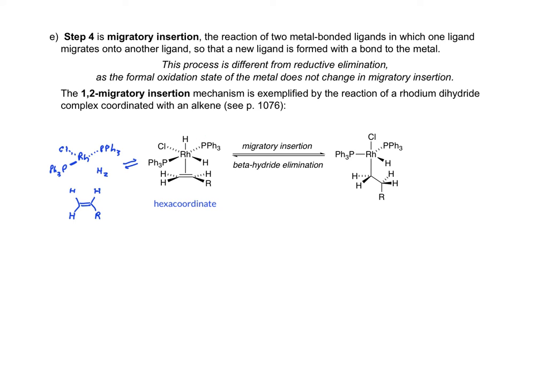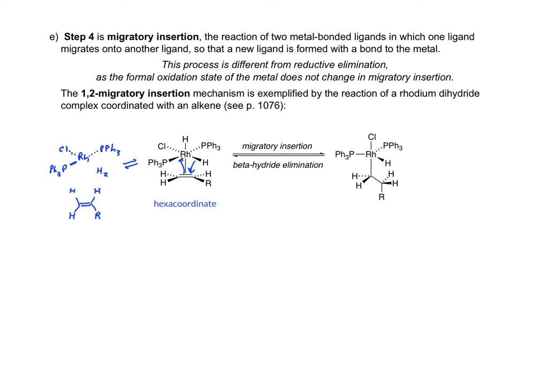In the migratory insertion reaction, one of the ligands that is negatively charged attached to rhodium migrates to the alkene. Rhodium then forms a sigma bond at the other carbon of the alkene.